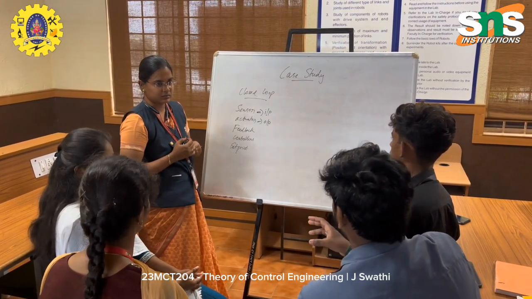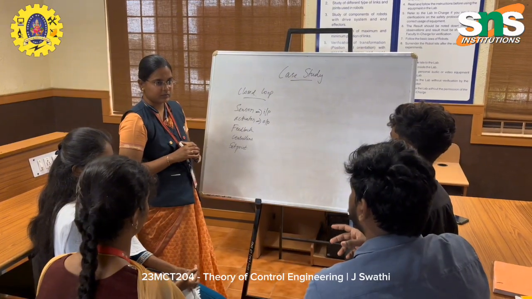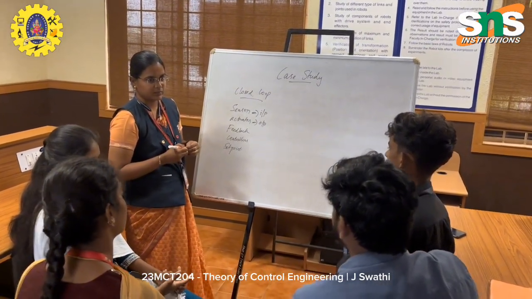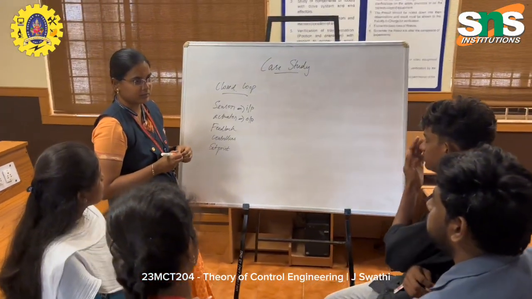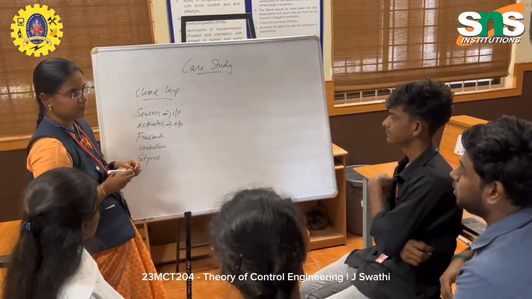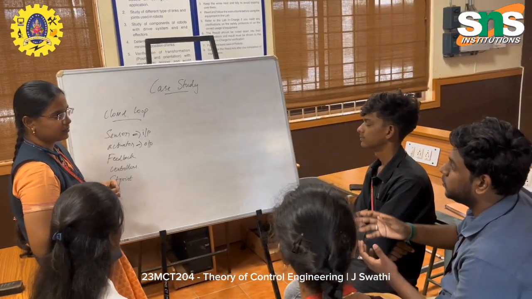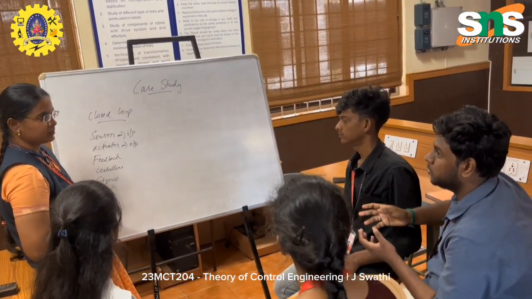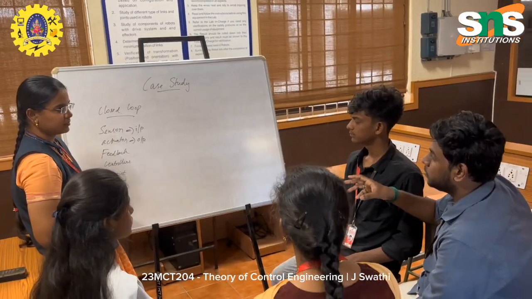We will check the humidity and temperature for agriculture. If we use this closed loop system, we can preset the values, like temperature and humidity values. If we preset, the sensors will give the input, and the actuators will be operating.